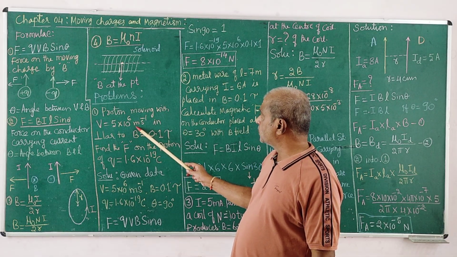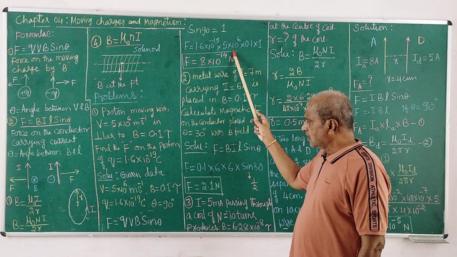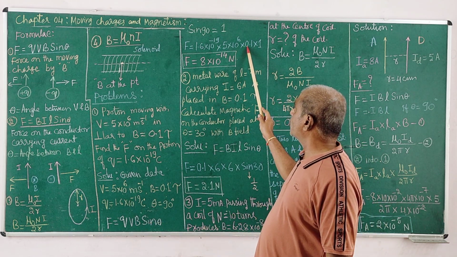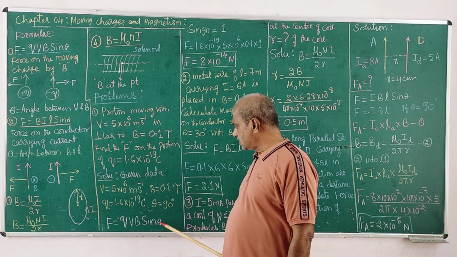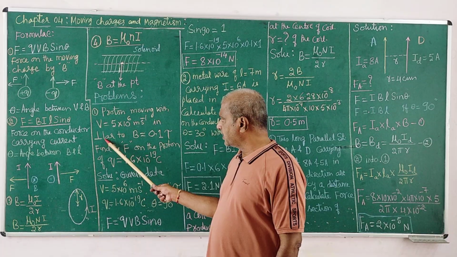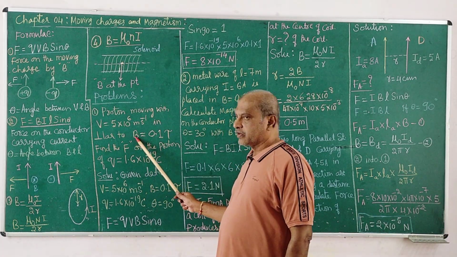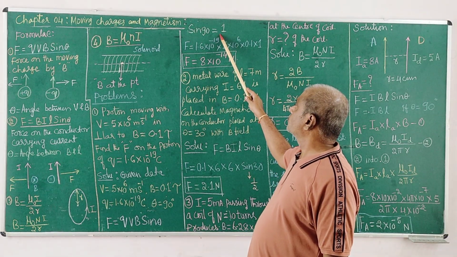Straight away you can substitute this value. This is the velocity of the charge. And the field applied in Tesla, in SI unit, is 0.1. And sin theta means theta is 90 degrees. Here it is said perpendicular, 90 degrees between the two vectors, the velocity vector and the field vector. Sin 90 equals 1.